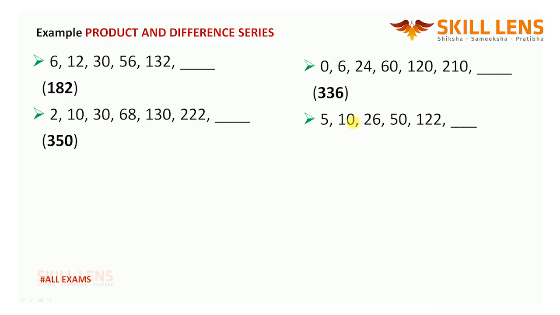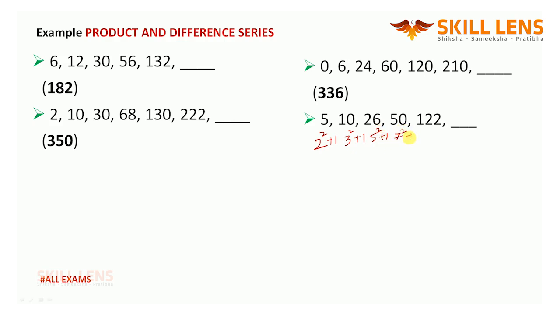So if you look at this particular question, 5, 10, 26, 50, 122. Guys, what is this going to be here? Anything related with cubes? Let's see. So I can write 2 square plus 1. This is 3 square plus 1. This is 5 square plus 1.